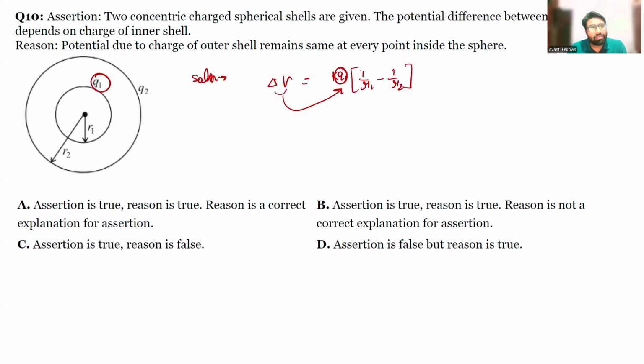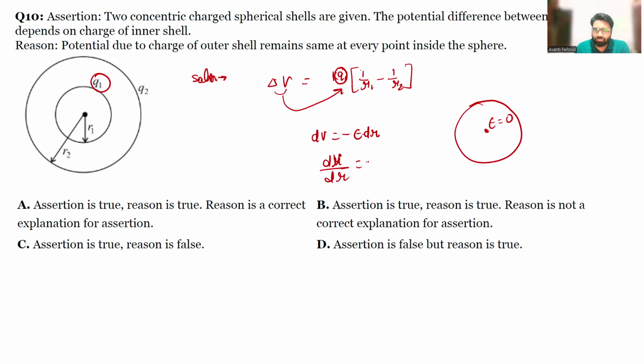Now, what is the reason behind it? Let's just take, suppose we have a spherical shell. Inside of this shell, the electric field will be zero. So if electric field is zero, we can say that dV is equal to minus E dot dr, which means dV by dr is equal to E, and E is zero.